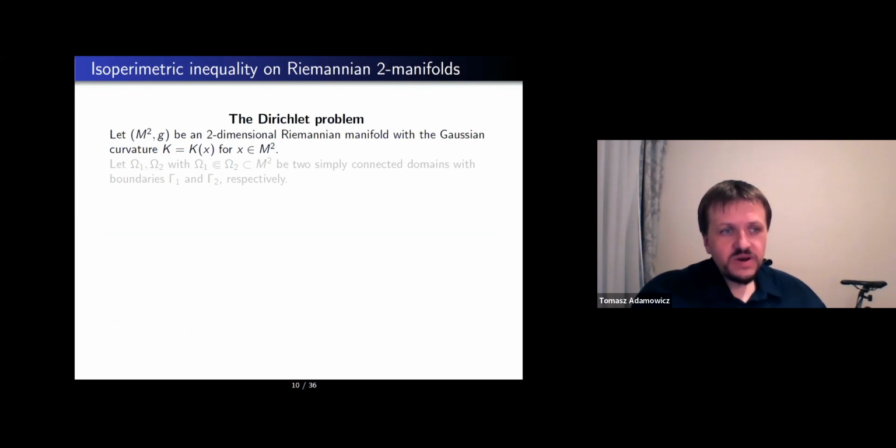So this is everything about the historical sketch and the state of the art, at least for isoperimetric inequalities and PDEs. The key problem for my presentation is to study isoperimetric inequalities on Riemannian 2-manifolds, first in the smooth setting, and then we'll see if an isoperimetric inequality can be proven for singular surfaces.